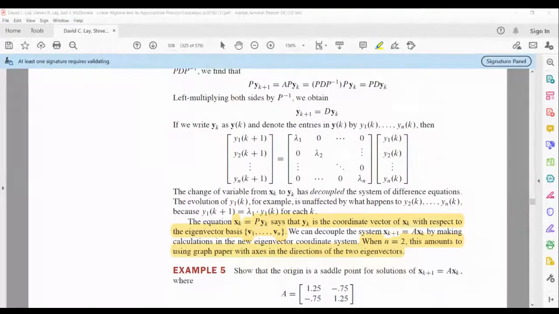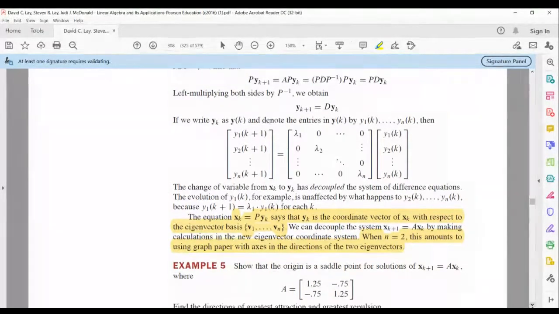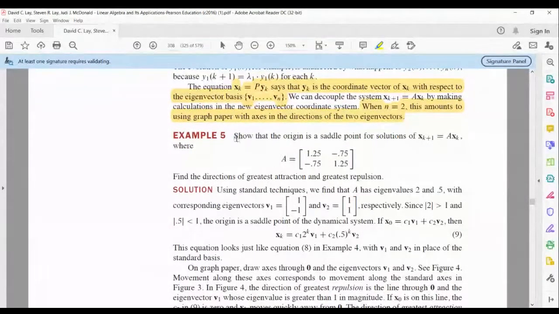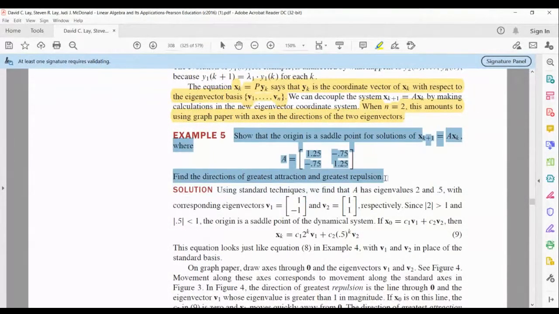So, for instance, in this example here, show that the origin is a saddle point for this matrix A. This matrix A is non-diagonal, and find directions of greatest attraction and greatest repulsion. Well, they find the eigenvectors. Here they are, v1 and v2.